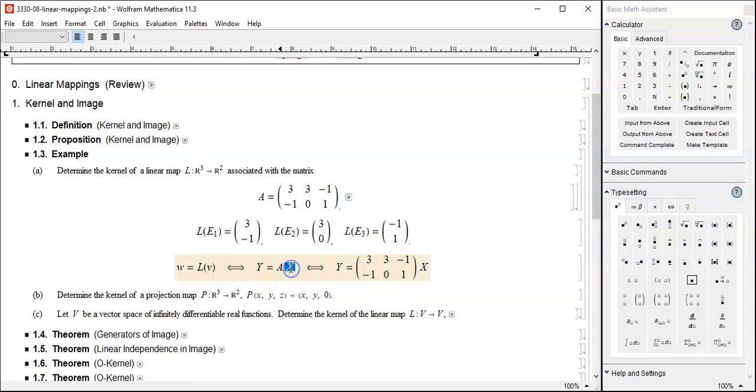Then x is an arbitrary vector from R3, and y is the image vector from R2. So y should be of this form.